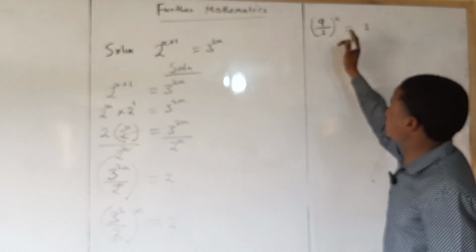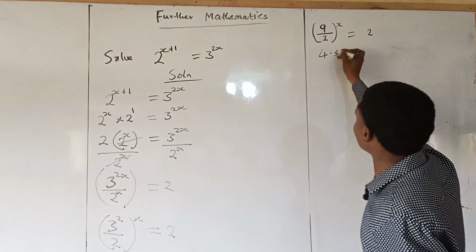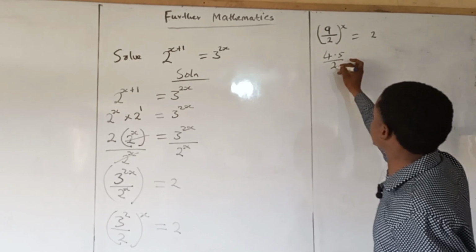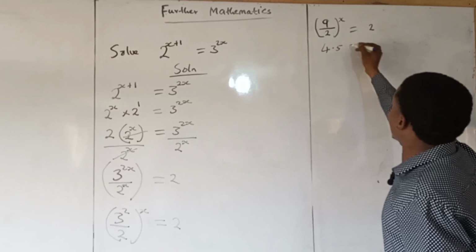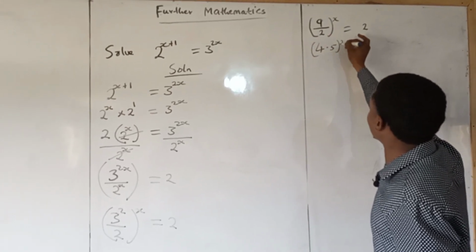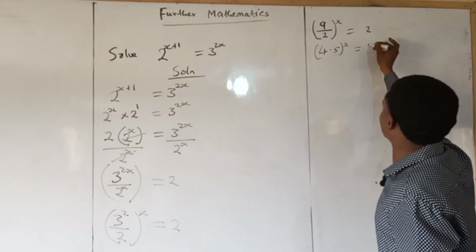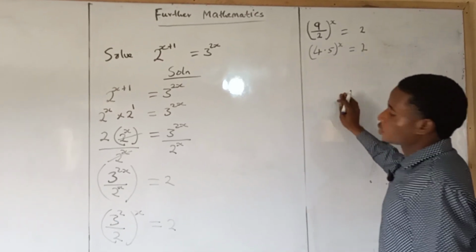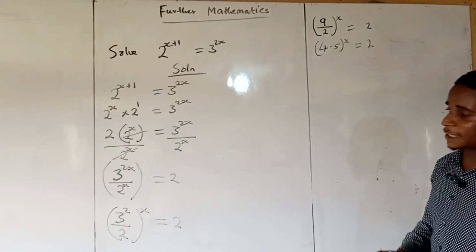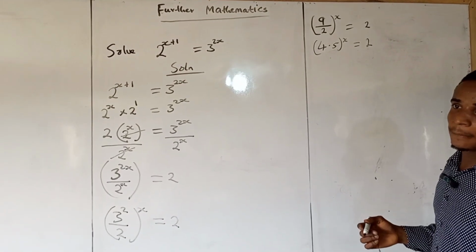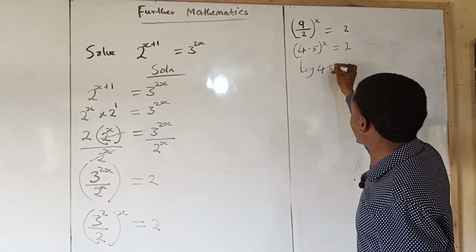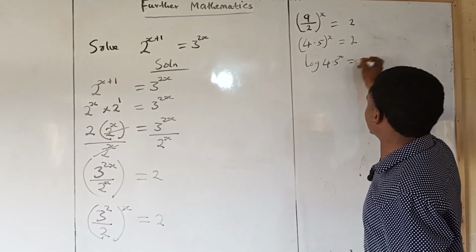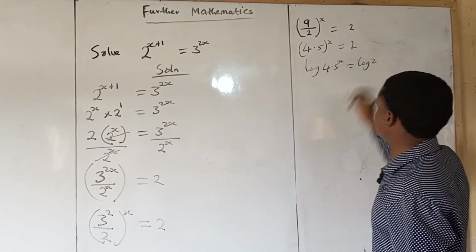9 divided by 2 is 4.5 raised to the power of x, and it's equal to 2. So from here, to get the value of x, I have to introduce log by saying the log of 4.5 raised to the power of x is equal to the log of 2.